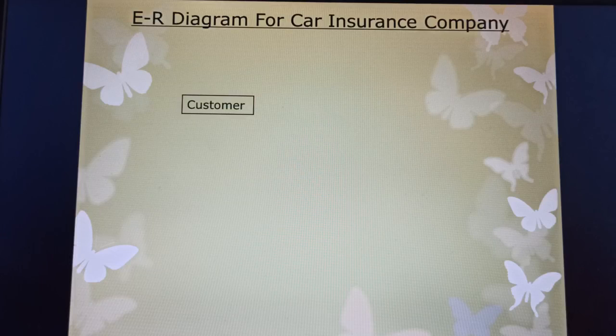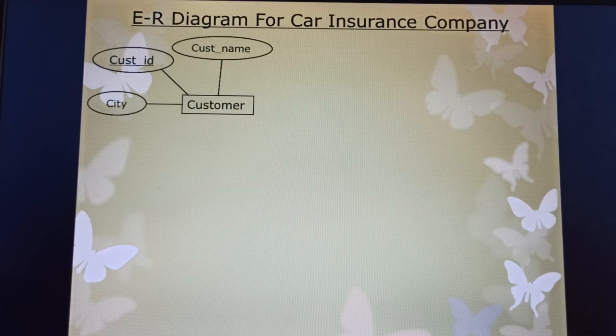Here the customer entity has attributes like, to identify a particular customer, customer ID, customer name, customer city. The second entity is car, because we are designing a car insurance company's ER diagram.